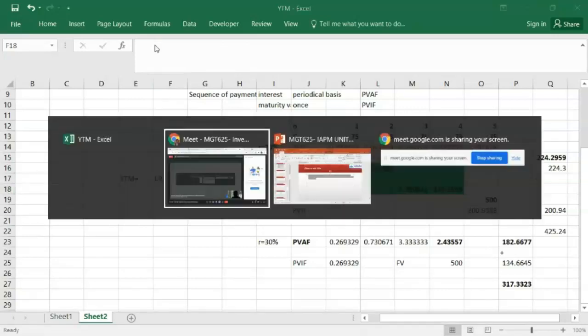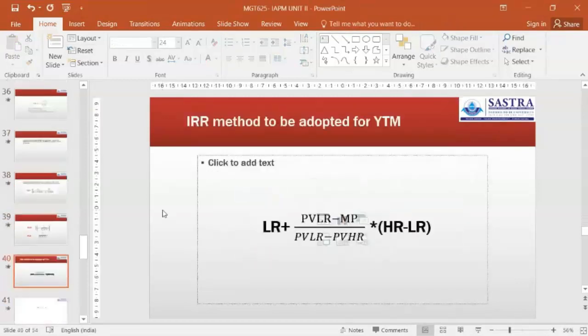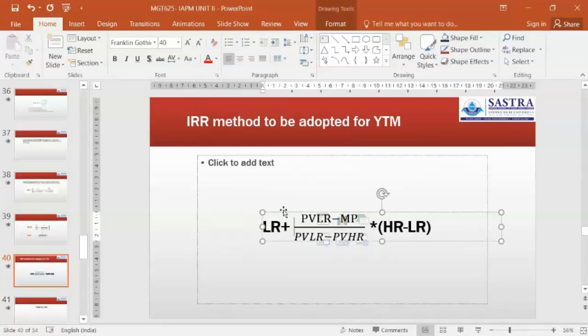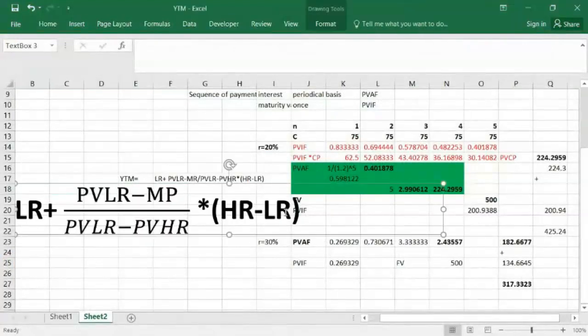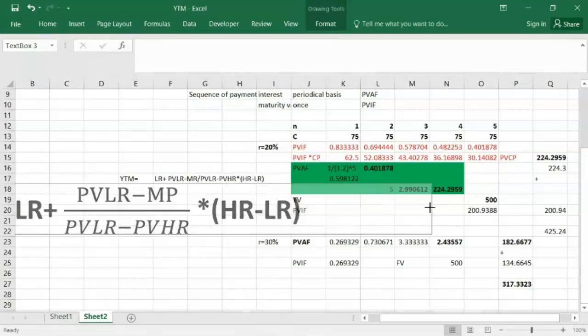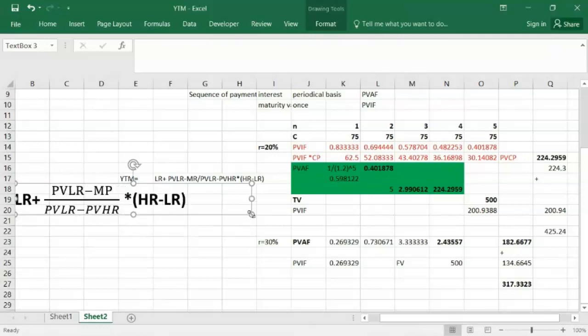I have a formula. In this formula, you can understand the lower rate and present value of lower rate minus market price divided by present value of lower rate minus present value of higher rate, multiplied with the difference of rates, higher rate minus lower rate.